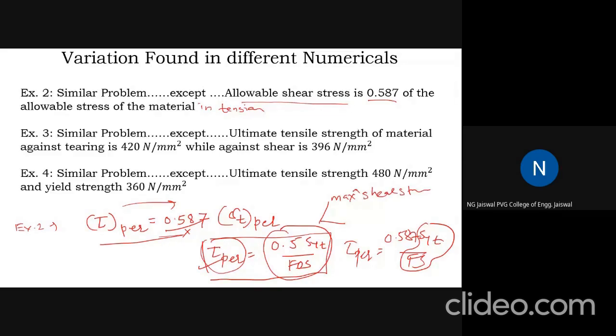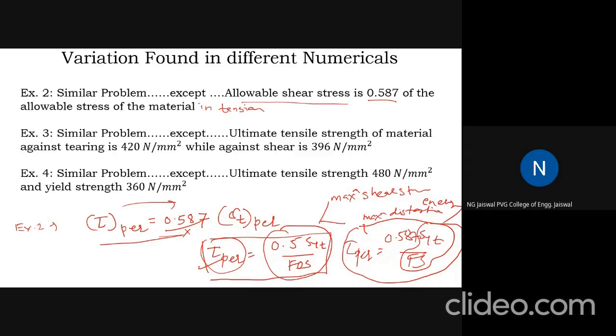But if you use the relation that permissible shear stress equals 0.587 of permissible stress in tension, this theory is called the maximum distortion energy theory. So these two theories are different.